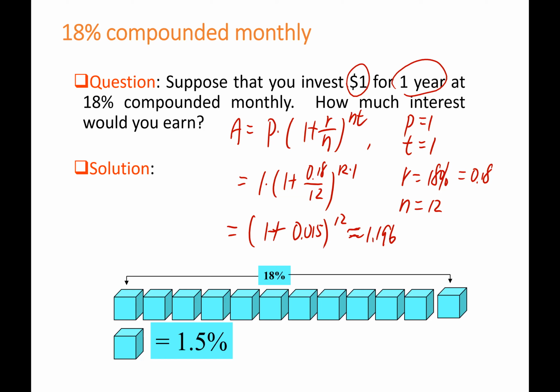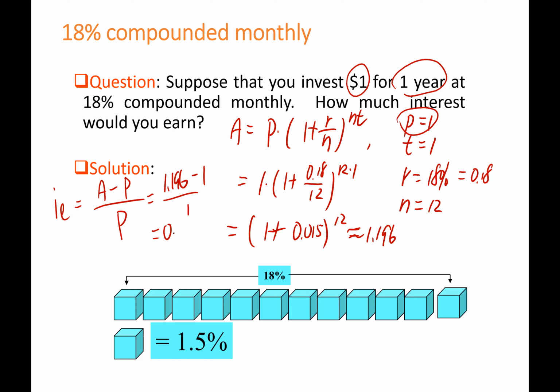If you look at the actual borrowing cost, the effective interest rate should be the ending balance minus beginning balance over the beginning balance. So it's 1.196 minus 1, divided by the initial balance of 1.